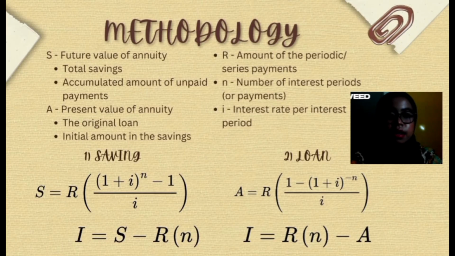Next, we have R. R is the amount of the periodic or series payments. And next, we have small n, which is the number of interest periods or payments. The last one is small i, which is the interest rate per interest period.